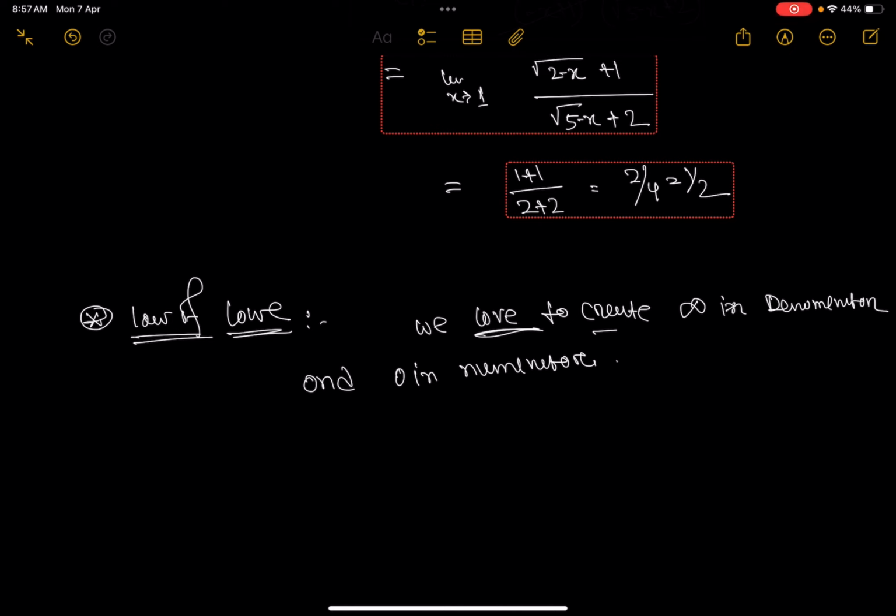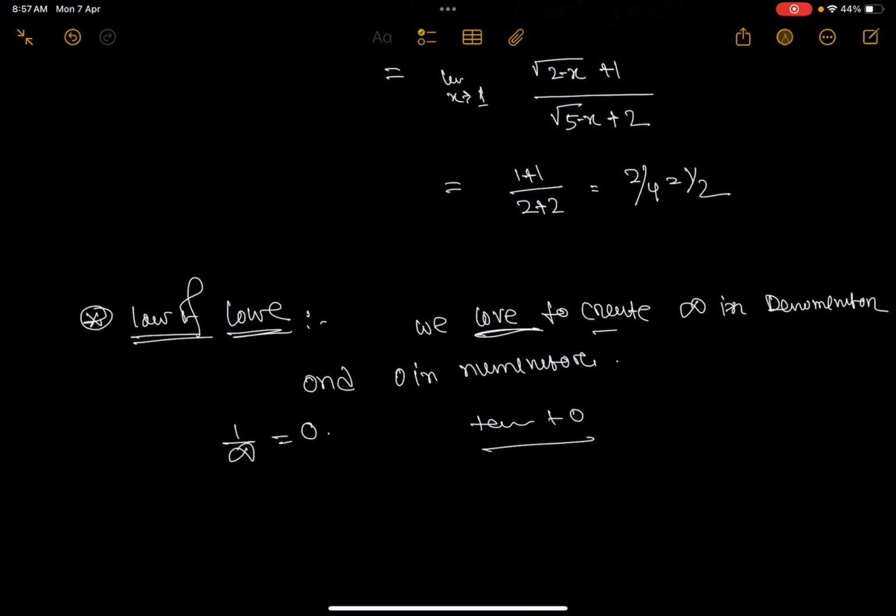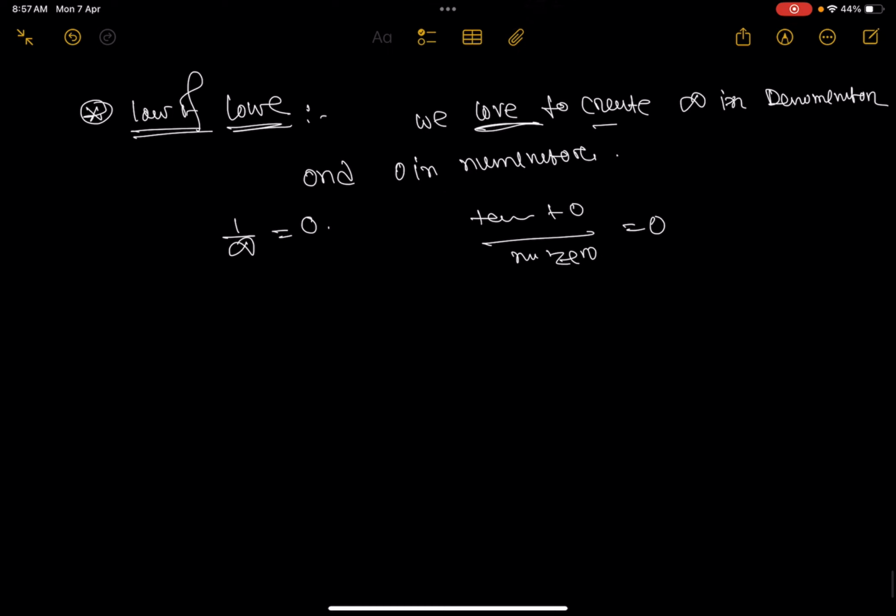So for this type of problem we mainly use 1 by infinity goes to 0, and a term tending to 0 divided by a non-zero term goes to 0. These two are the main things in law of love. We also create a denominator going to infinity and a numerator going to 0.